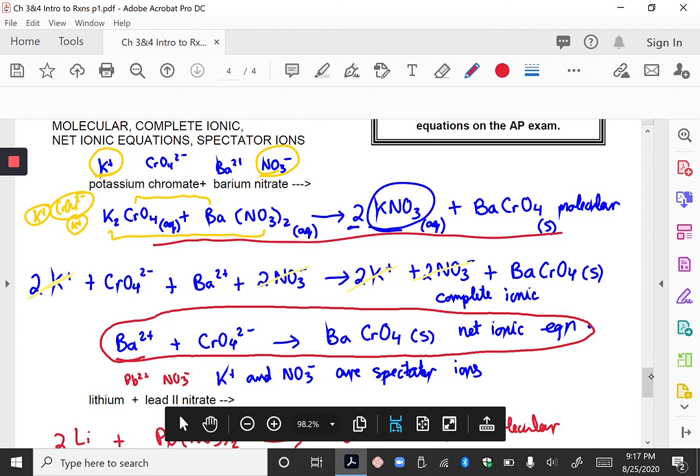Well, if it's a double replacement and you're forming a precipitate, you write your precipitate as your product, so that goes in the products, and then you figure out what ions make this up. The ions that make this up are Ba2+ and CrO4 2-. So that's what you write in the reactants. That's a little trick to go from molecular to net ionic with double replacement reactions. You just write what your solid is, and then on the other side you write what ions make up that solid.